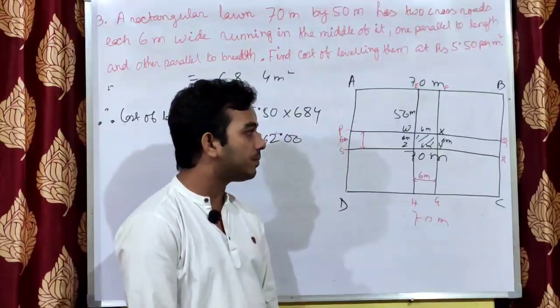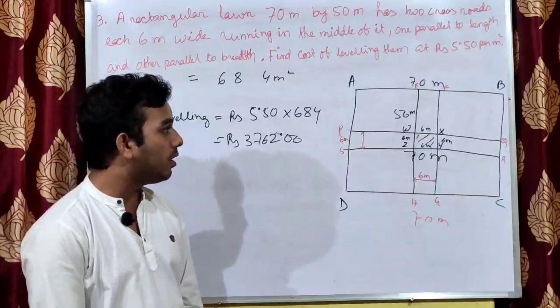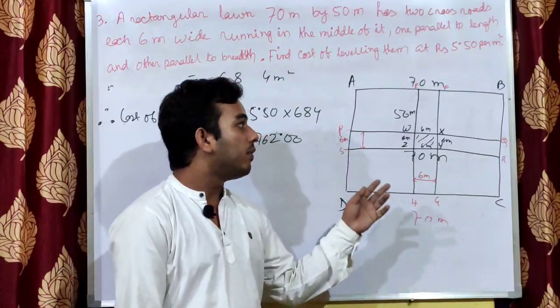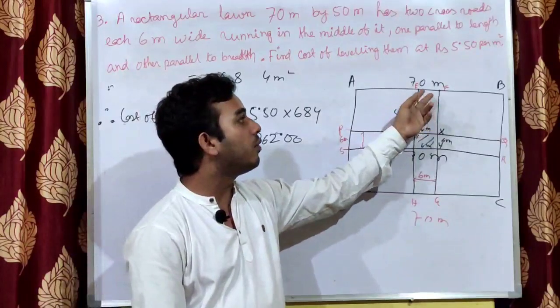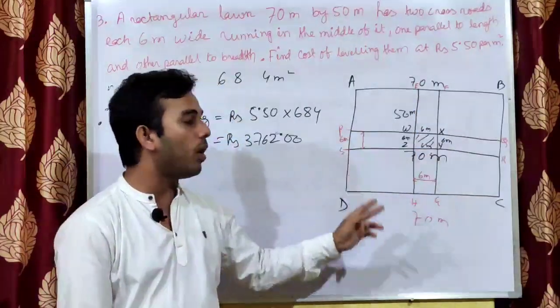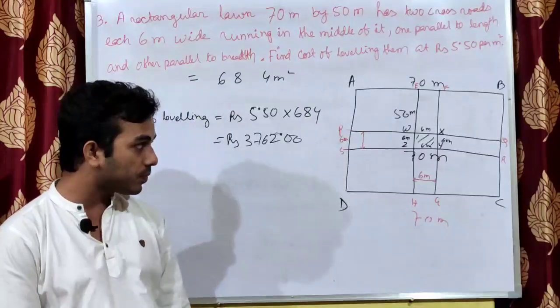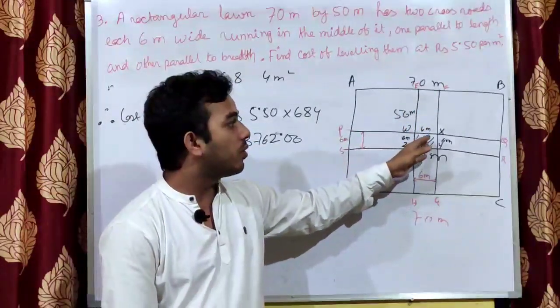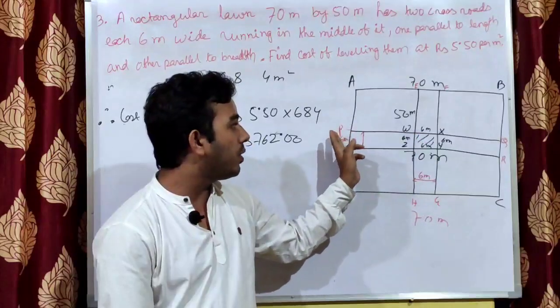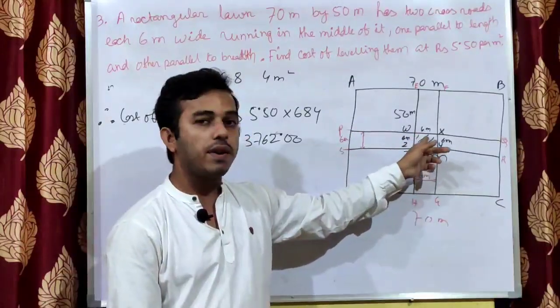Clear up to this? Okay, then we have to find out the total area, that is, area of road EFGH plus area of PQRS. Now one thing more: when we are finding area of EFGH, we are finding this area, and when we are finding PQRS also we are finding this area.